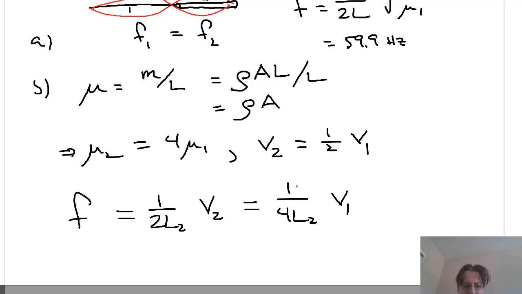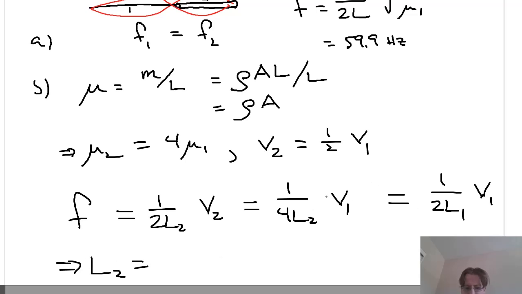Now, it's the same frequency on both, so this is also equal to 1 over 2L1 times v1, because f1 is equal to f2. This lets me solve for L2. By setting up this way, I can just get a ratio, comparing this expression and this one, and find that L2 must be exactly half L1, which is 20 centimeters.